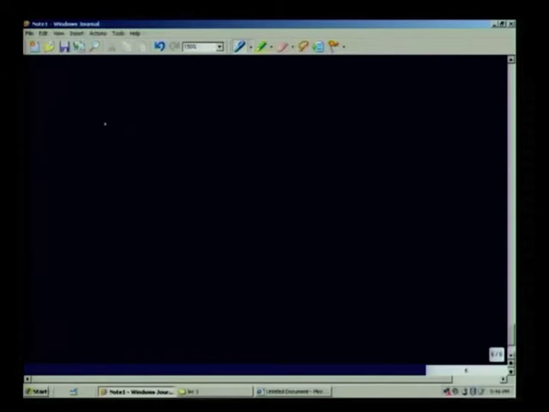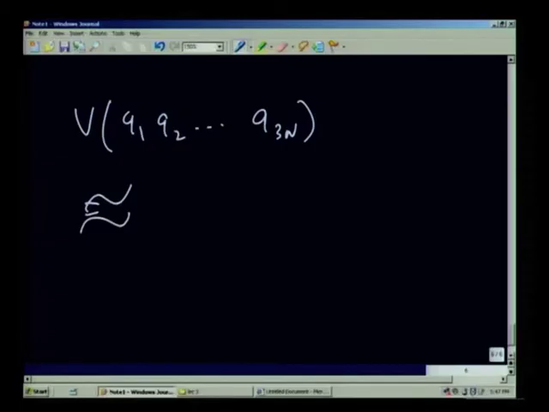When you write this V in the form of new coordinates q1, q2, up to q3n, such that the potential energy is to first approximation nothing other than the sum over i, a constant lambda i, qi square, i equal to 1 to 3n, as opposed to what you have here.